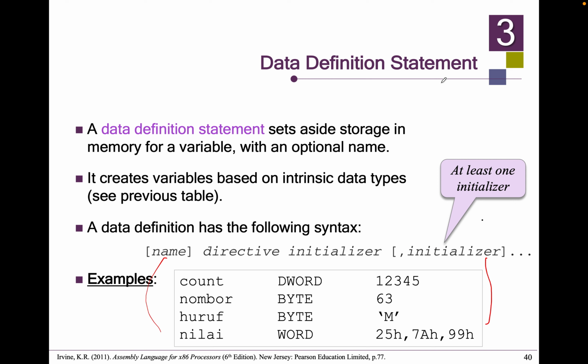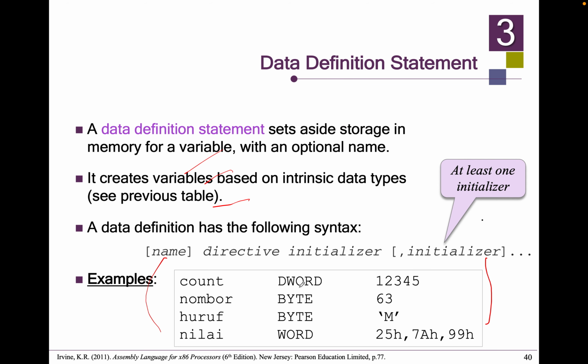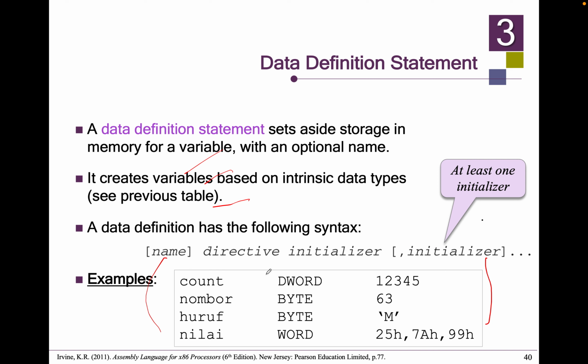So if you are given this example, a data definition statement, please make sure you read it first, and you need to know how you're going to store the data. We're going to store the data in Little Endian order. Let's use this example.